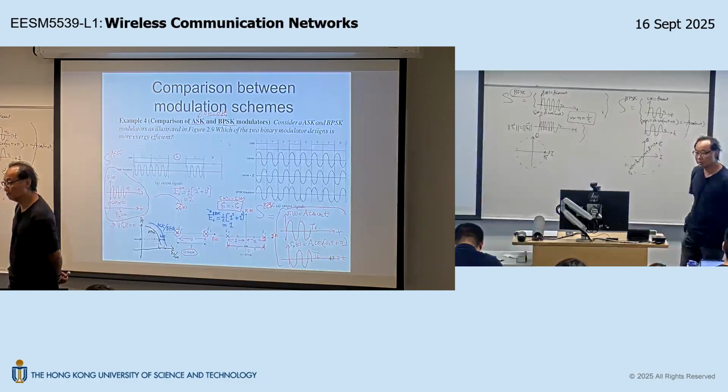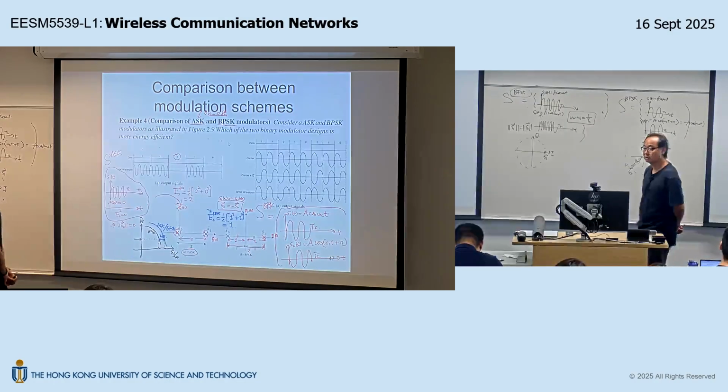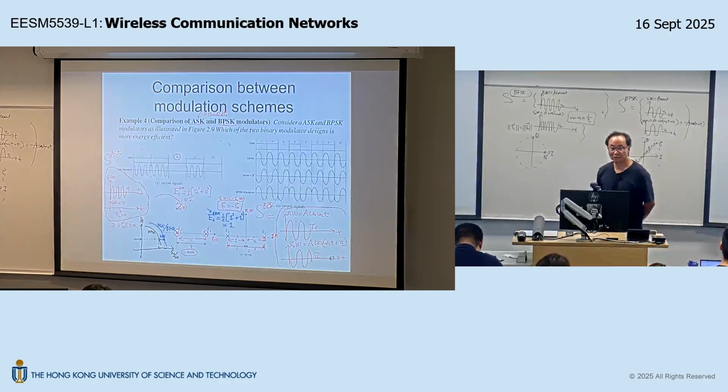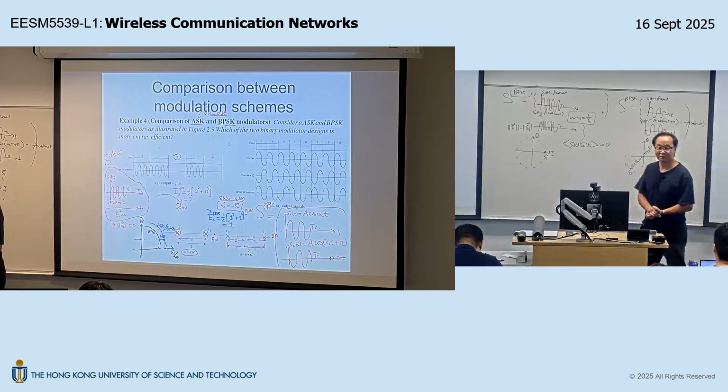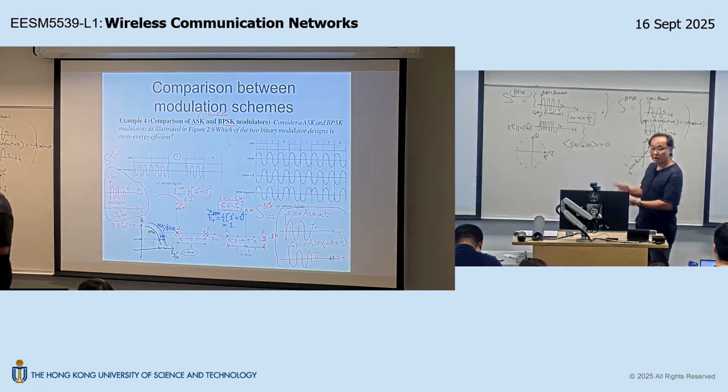There's one important property of BFSK. The property is, if you look at the inner product of these two particular members, it happens to be 0.